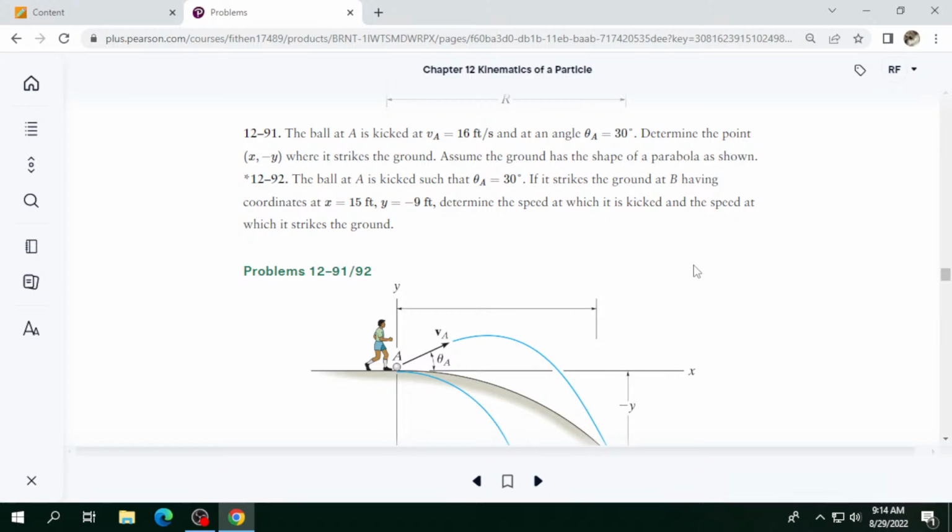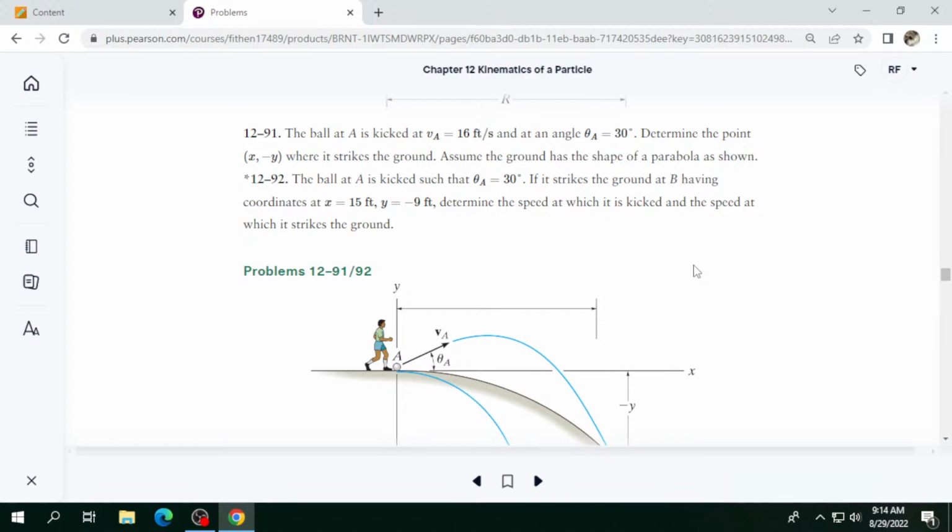So I should have done that first. I'll put it in here, and then I'll put it in here. Okay, so I got that. And now I'm going to put that in there, x squared over Vx naught squared.